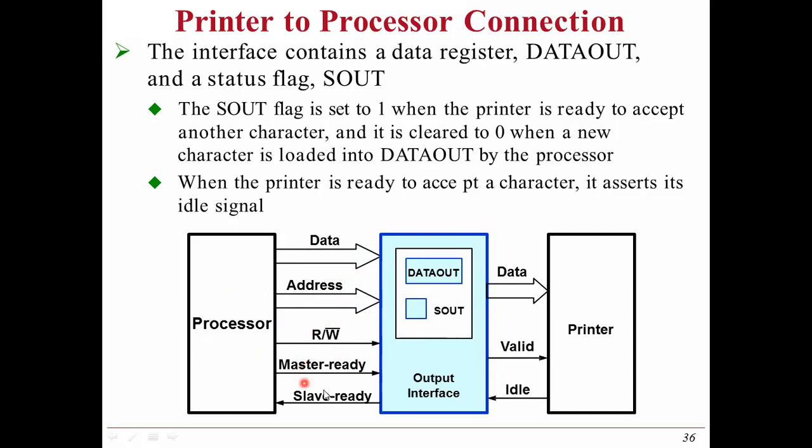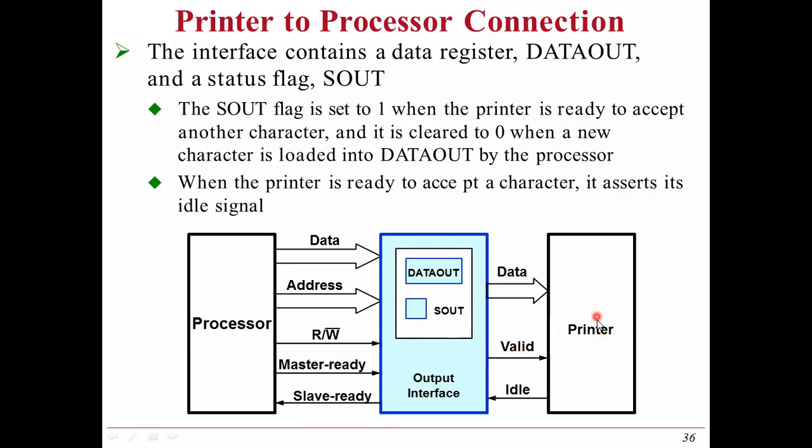R by W bar, master ready and slave ready are the control signals used to transfer the data from the processor to data out. That data will then be transferred to the output device, that is the printer, from this data out to the printer.